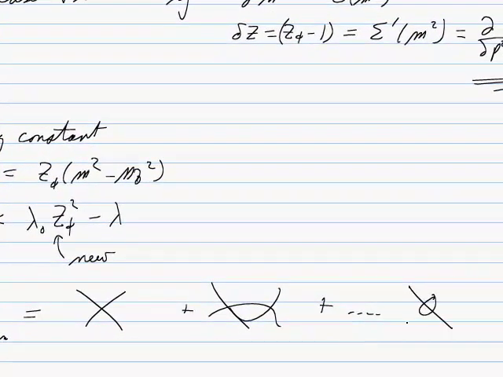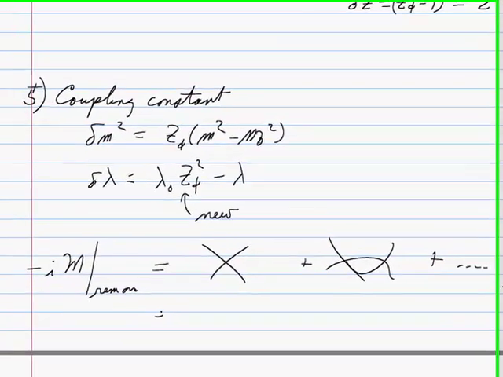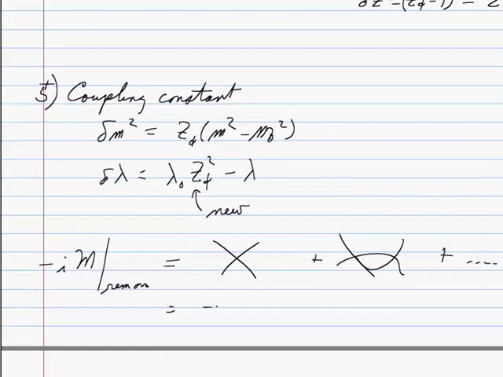But then there's a δλ piece. And this is defined as minus 6i λ at that renormalization point, λ_r.